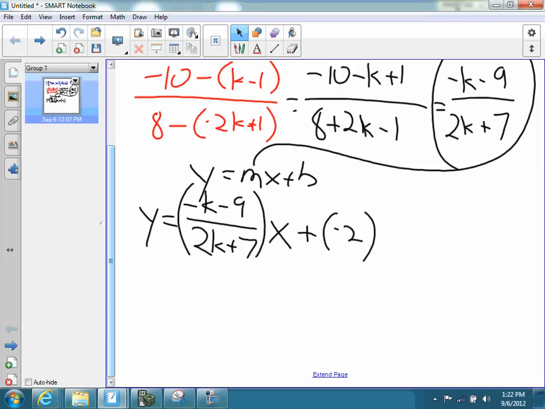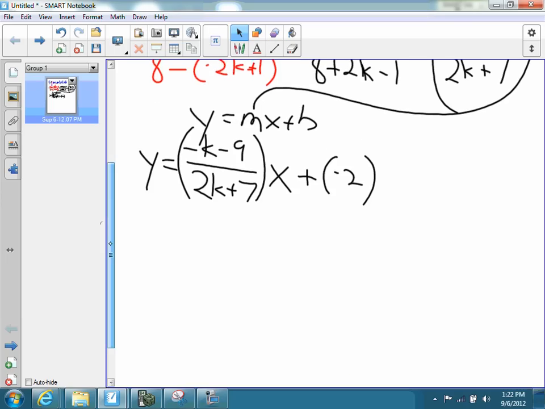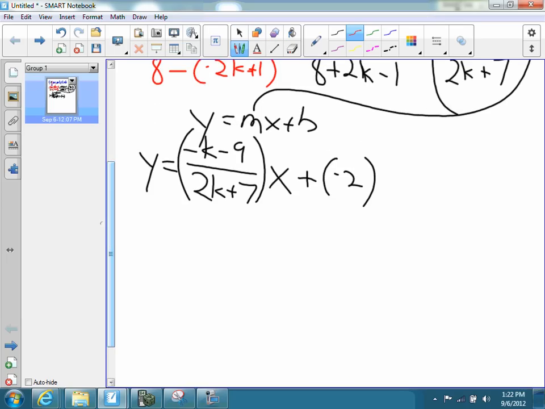I can take (-k minus 9) over (2k plus 7) and make that equal to -1. Does that make sense?